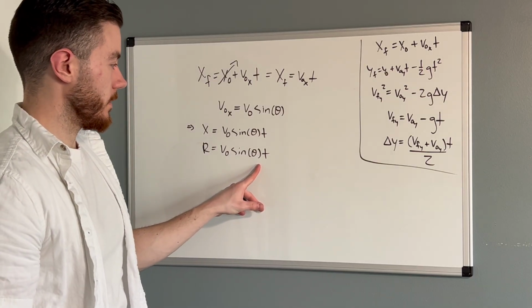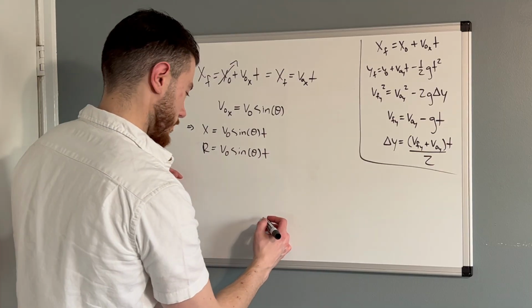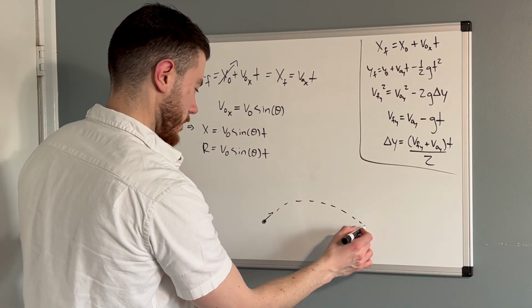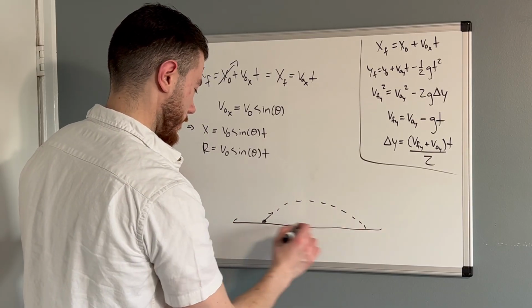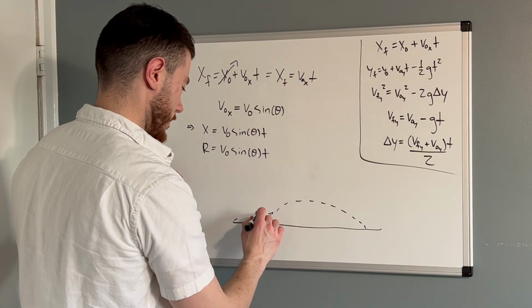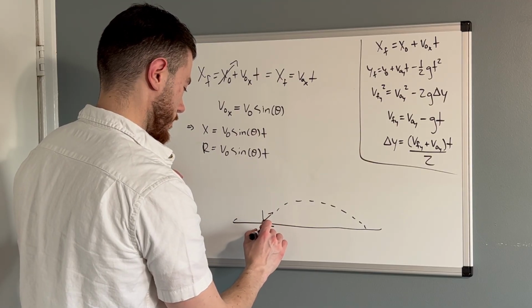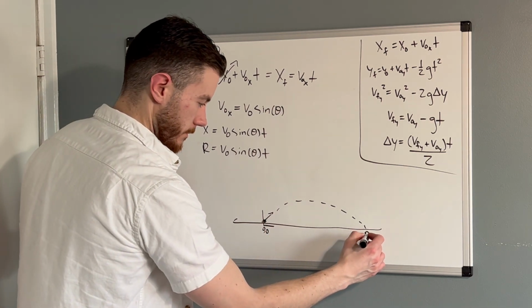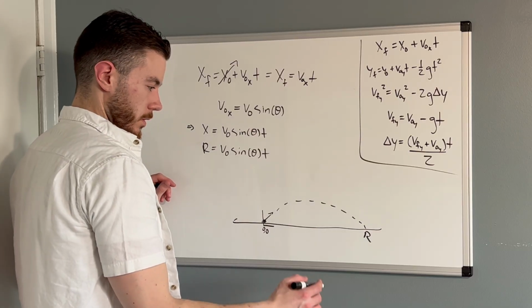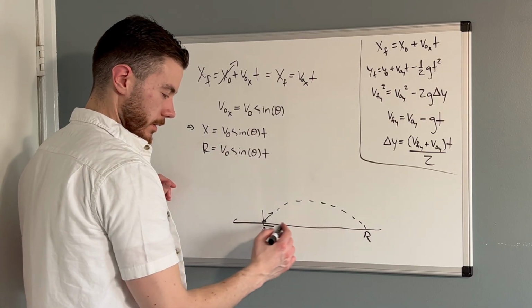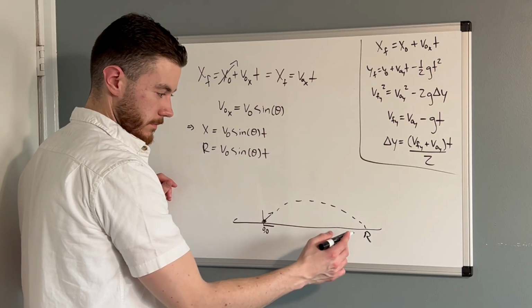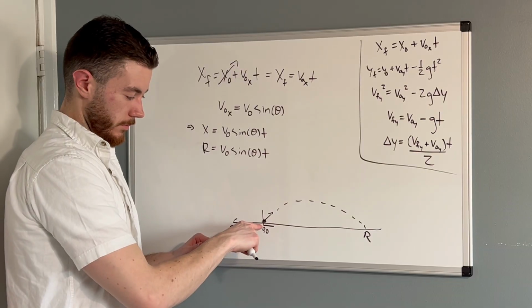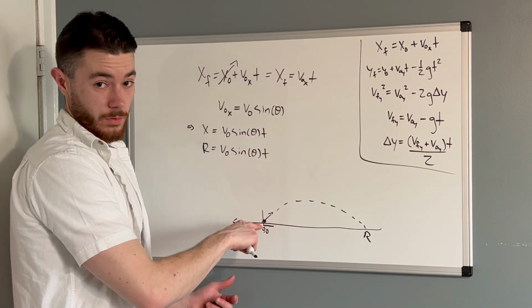Now let's say I launch a ball, right? It's gonna go, here's the ground, I launch it from the ground. If I select my coordinate system here, 0, 0, x naught is 0, y naught is 0. Here's R. The final y position and the initial y position are both 0, and they're equal, right? So I launch it from 0, which is the ground, and also where my origin of the coordinate system is.